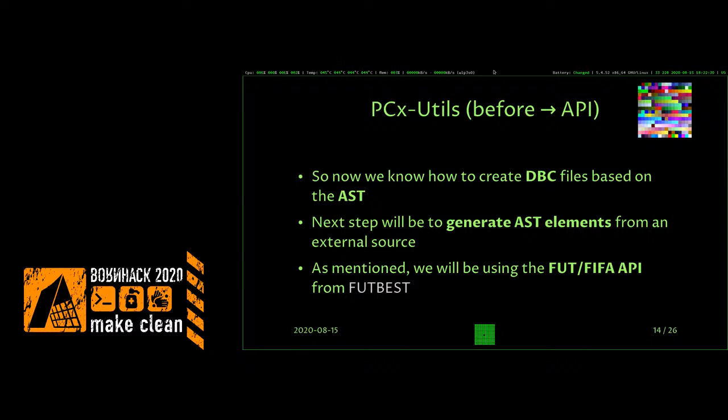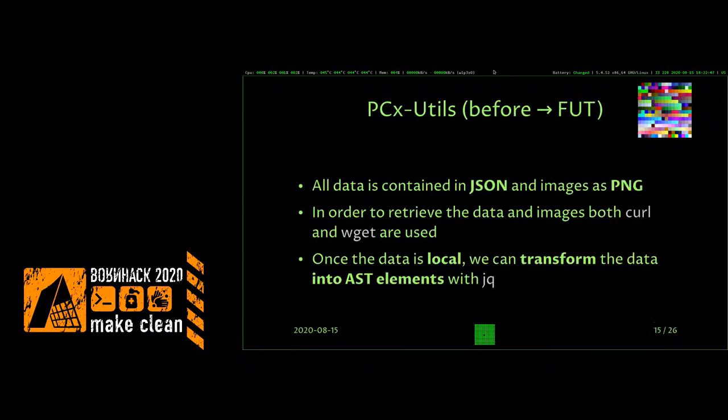So the next step would be to go to this API called FootBest. And there was a lot of JSON data that gets downloaded, or this service actually provides you with a lot of JSON. So what I did, just as in the workshop that Simon Shine had the other day, is use this tool called JCube, which is pretty fast.